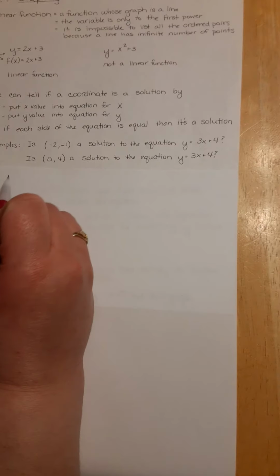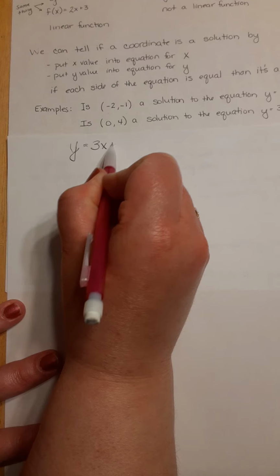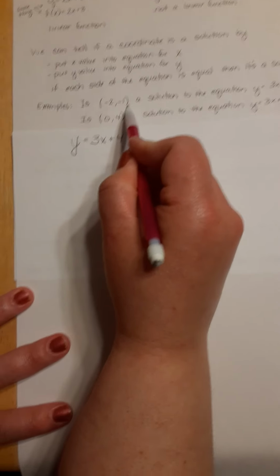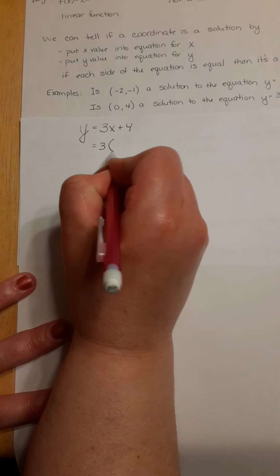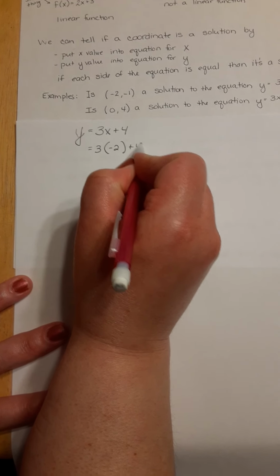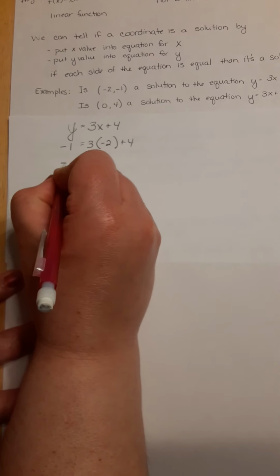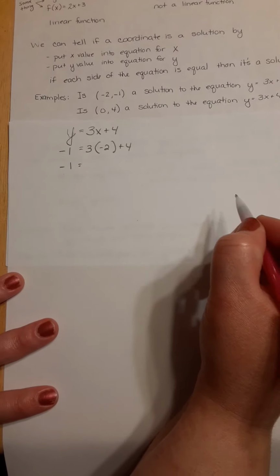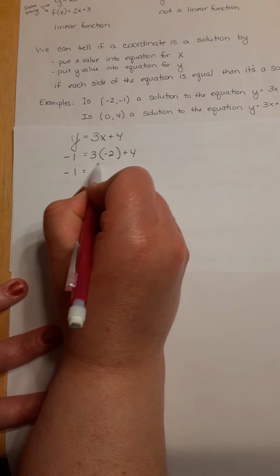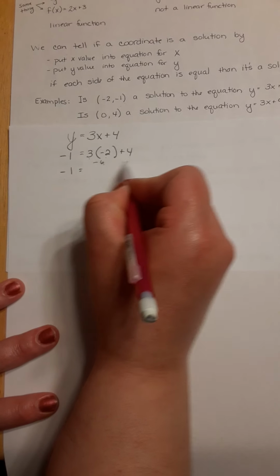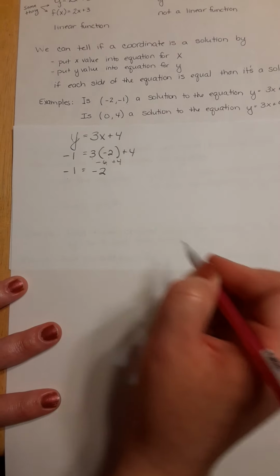Okay, so I'm going to take my equation, y equals 3x plus 4, and now I'm going to insert my coordinates here. Remember, x always comes first, and the y is the last one here. So we're going to do our math over on the right side and see if it truly equals -1. 3 times -2 gives me -6. -6 plus 4 gives me an answer of -2.